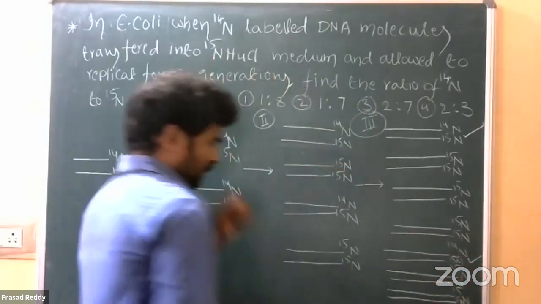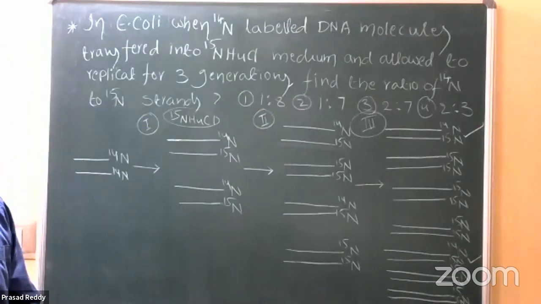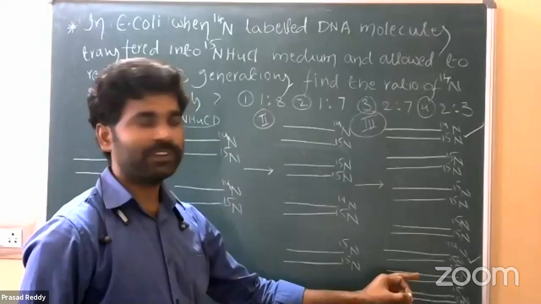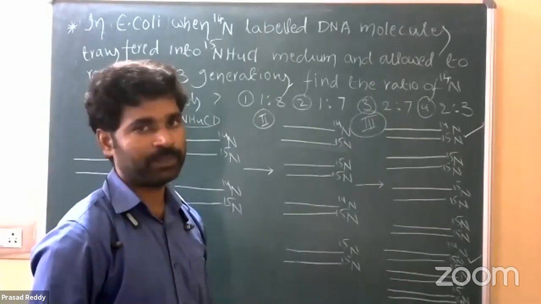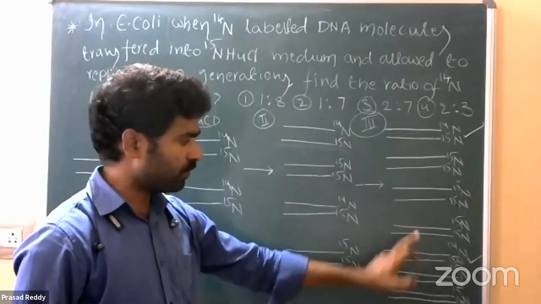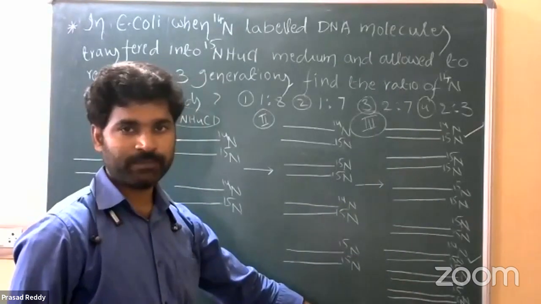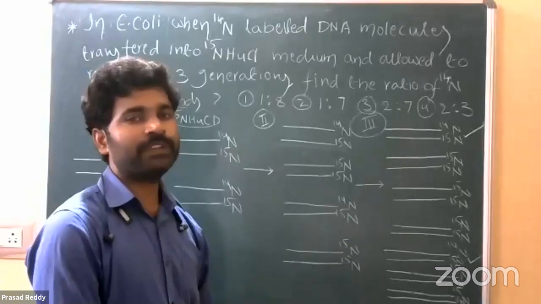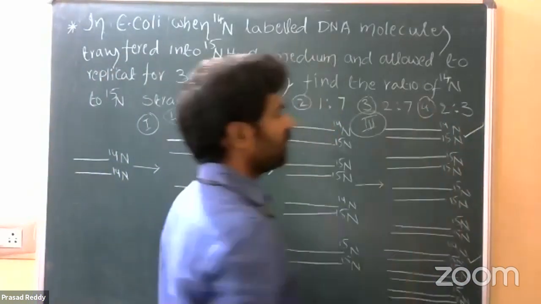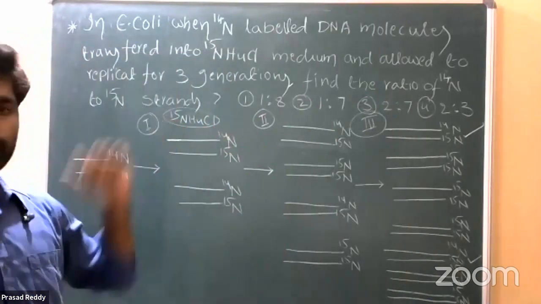So the total number of DNA molecules is 8: 1, 2, 3, 4, 5, 6, 7, 8. So the strands are 16. In those 16 strands, only 2 strands are N14.